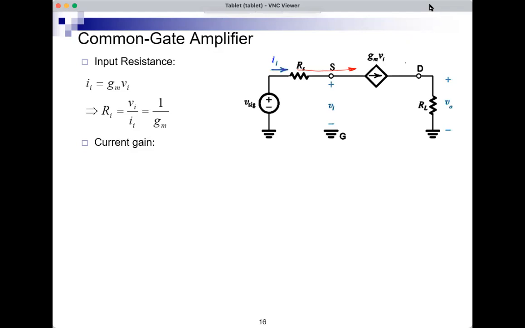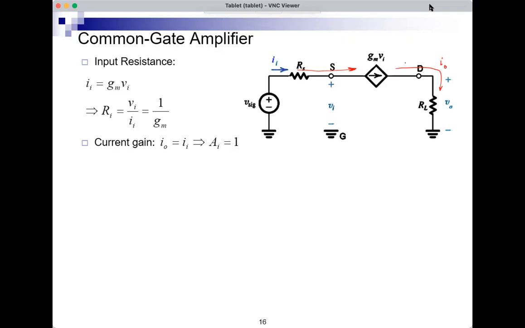And also there is an output current, and the output current, in fact, is equal to the input current because this Ii continues and flows in RL and becomes Io. So this input current is exactly equal to the output current. And this current gain for this amplifier, Io over Ii, would be 1. The output current is equal to the input current.